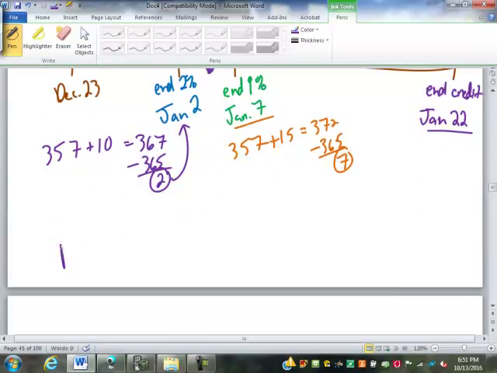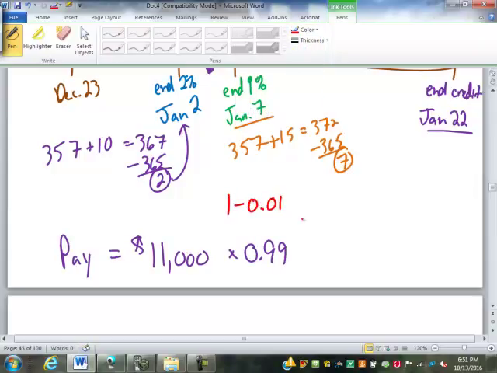So the amount they're going to pay is going to be the $11,000 net amount times what? 0.99. Where'd that 0.99 come from? 1 minus the 1%, which will give us $10,890. Yes.